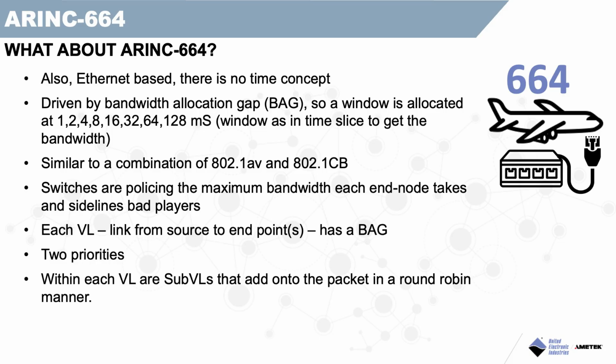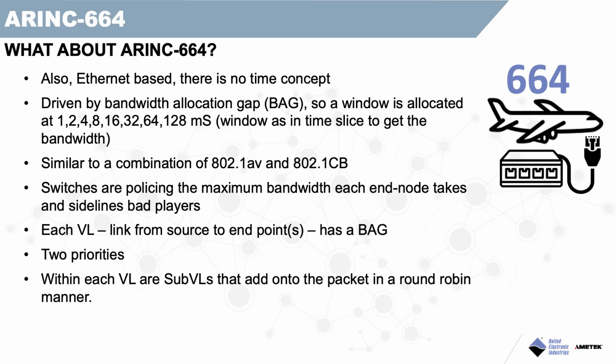A good way to think of it is that a window is a time slice to get the bandwidth, similar to a combination of 802.1AV and CV. Each virtual link has a jitter limit, defining how long after the start of the BAG a transmission can start. Typically, there are 2 priorities, and within each VL are sub-VLs that add onto the packet in a round-robin manner.